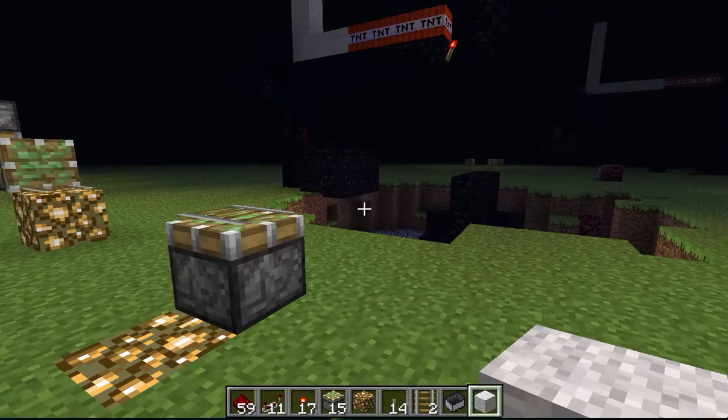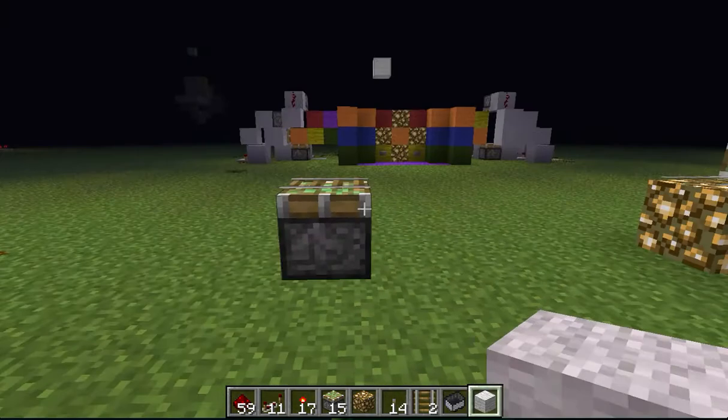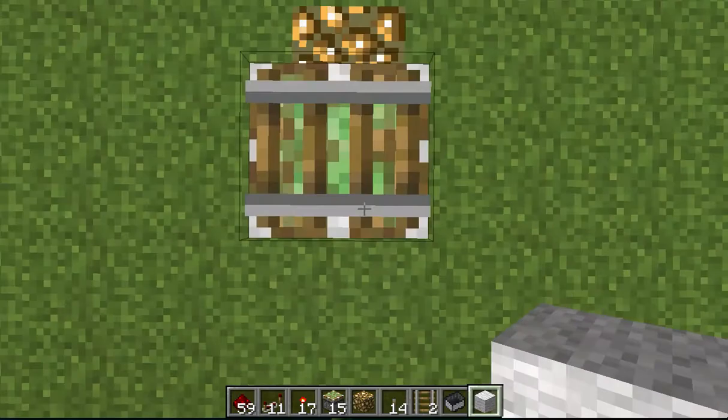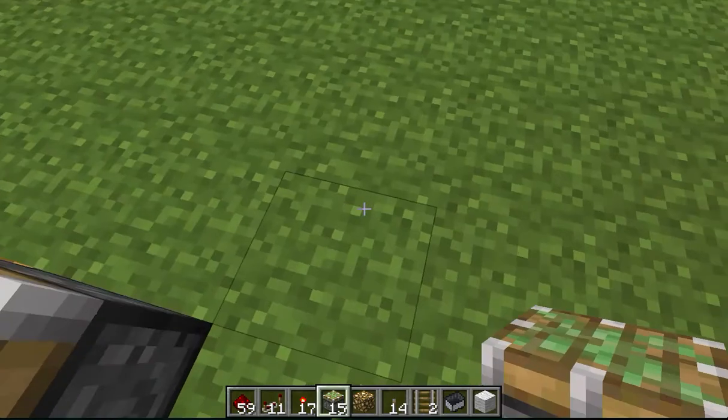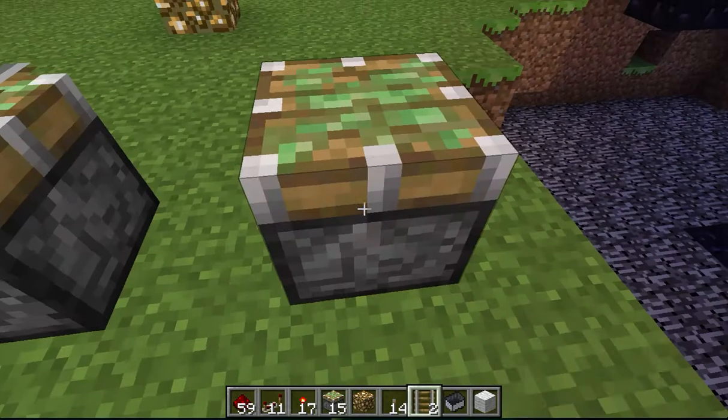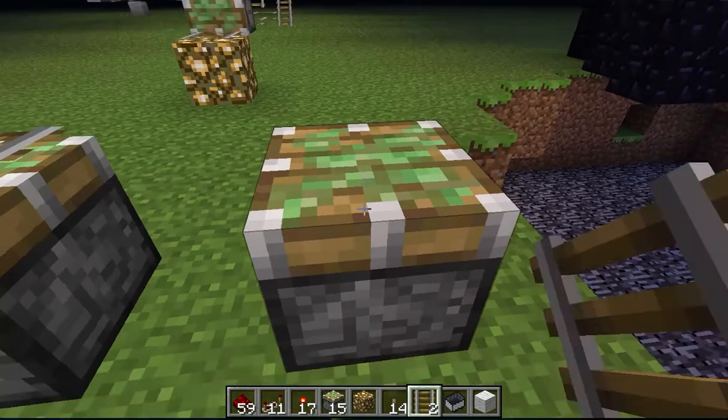So now to the next exhibit. This is a rail on top of a piston. Now you normally can't place rails on top of pistons.